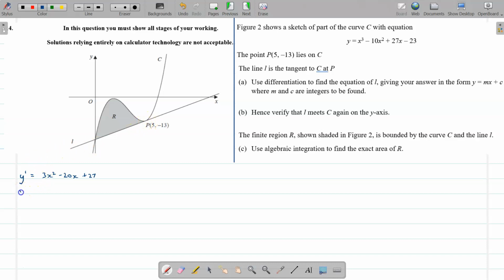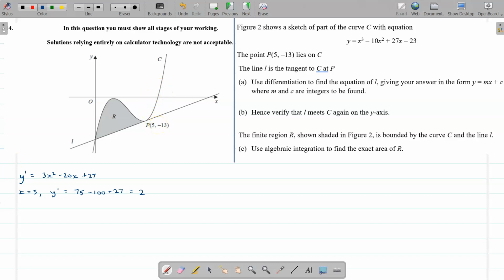So when x equals 5, y dash is equal to 3 times 25, that's 75, minus 100, plus 27, and that comes to 2. Now it doesn't look like 2 because it's not drawn to scale, but that's what it is.